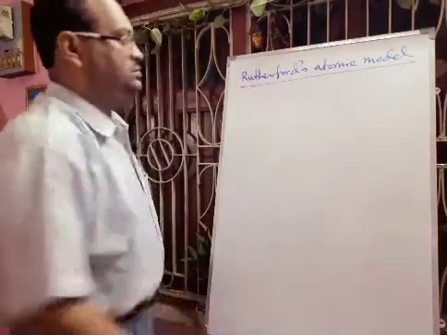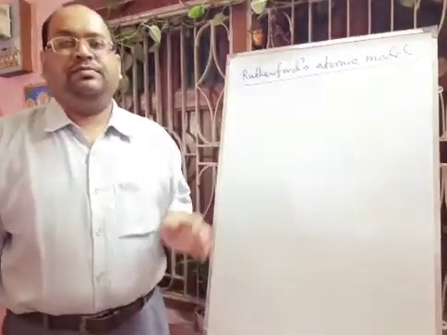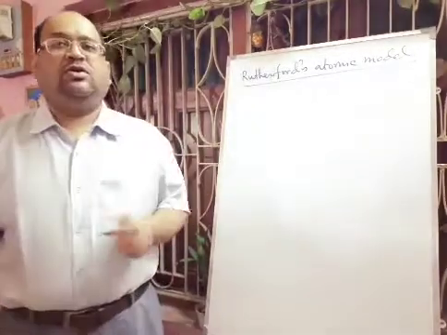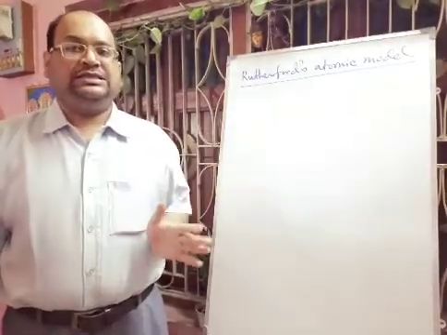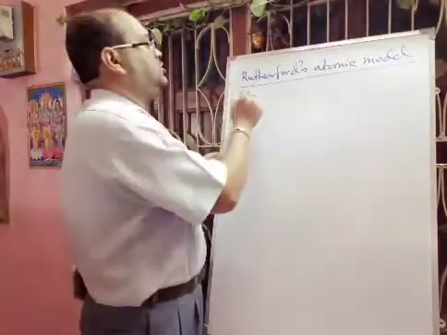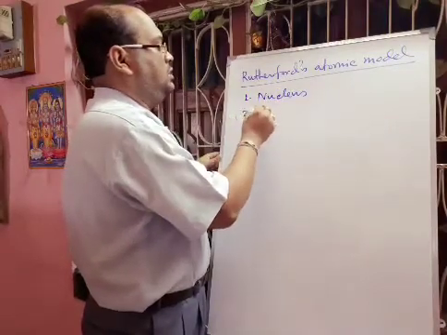Rutherford's atomic model. According to Rutherford, every atom consists of two parts. One is called the nucleus and another is called the extranuclear part.